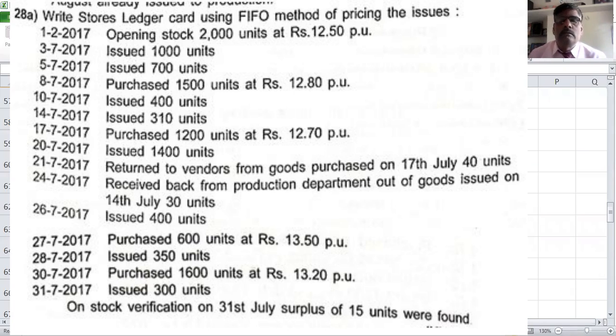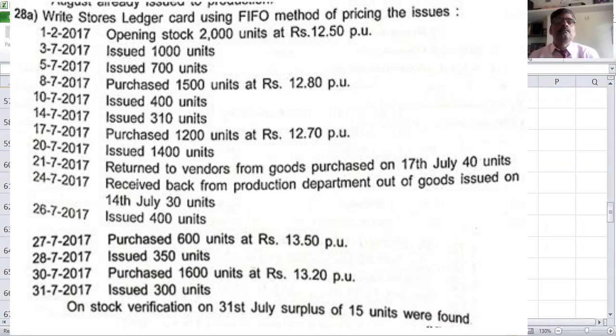Received back is a receipt, so you record it in the receipt column. Then the issue goes in the issue column. The next purchase goes in the receipt column, and the next issue in the issue column. Then a purchase is recorded in the purchase column, and an issue in the issue column.